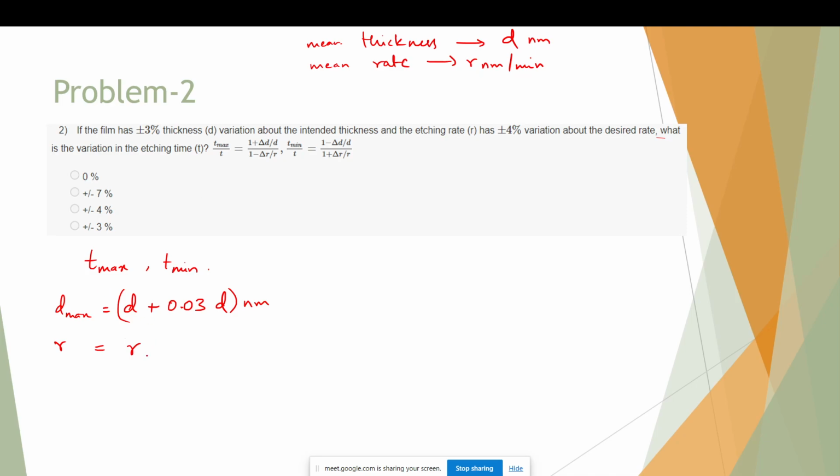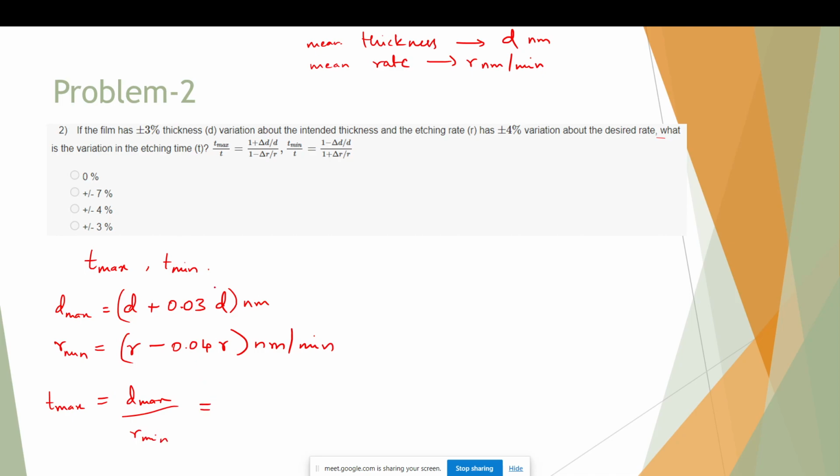Then the slowest rate will be R minus 0.04 R, because a 4% variation is there, nanometer per minute. At this rate and for this much thickness I will take the maximum amount of time to etch my film. So T max will be D max upon minimum rate, R min.